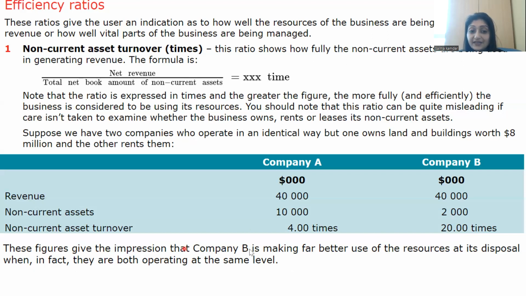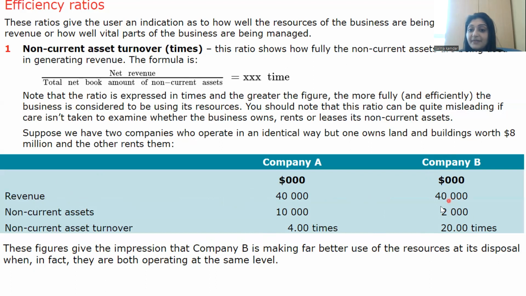So this figure gives an impression that company B is making better use of the resources, where in fact they are both operating at the same level. When I'm saying both are operating at the same level, both the companies are generating the same revenue.